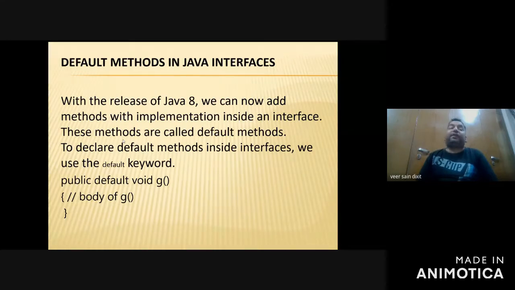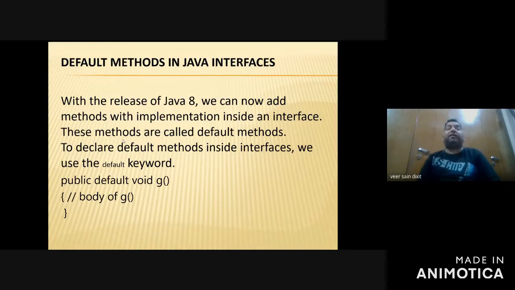That is possible through the default method. So we will use the keyword default, and by using the keyword default, we can define any method in the interface. Such methods are known as default methods.